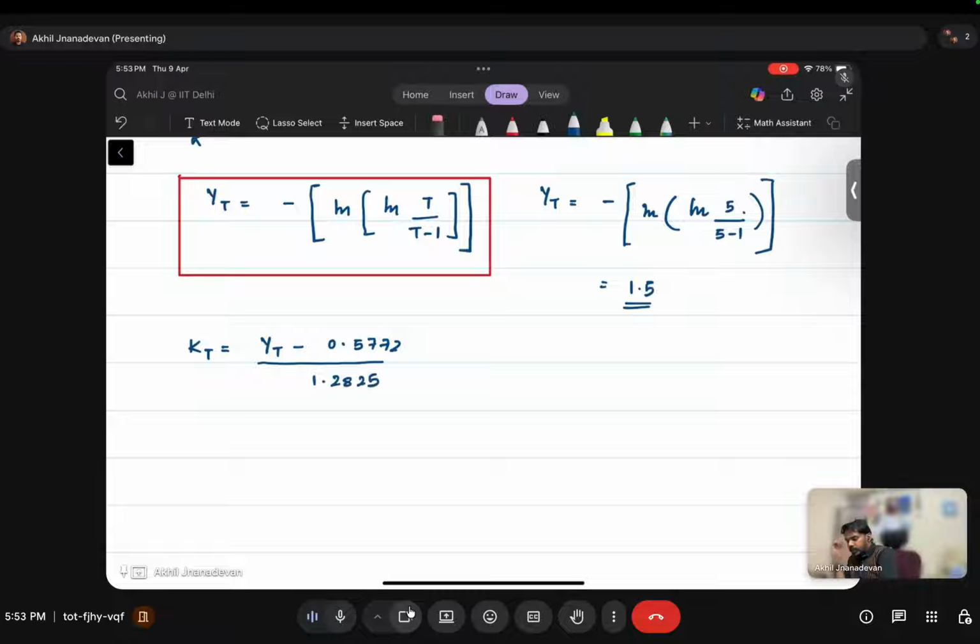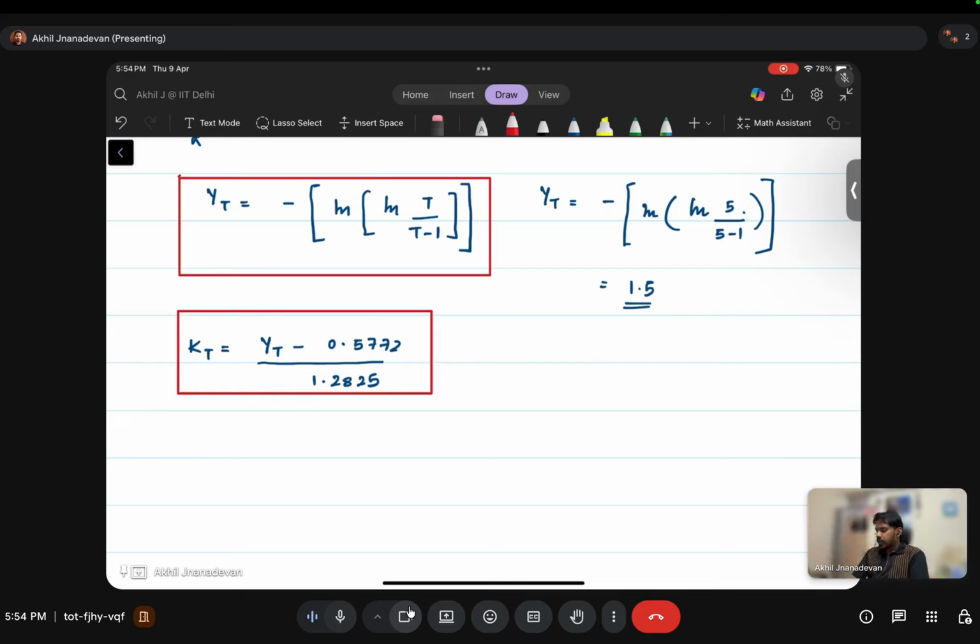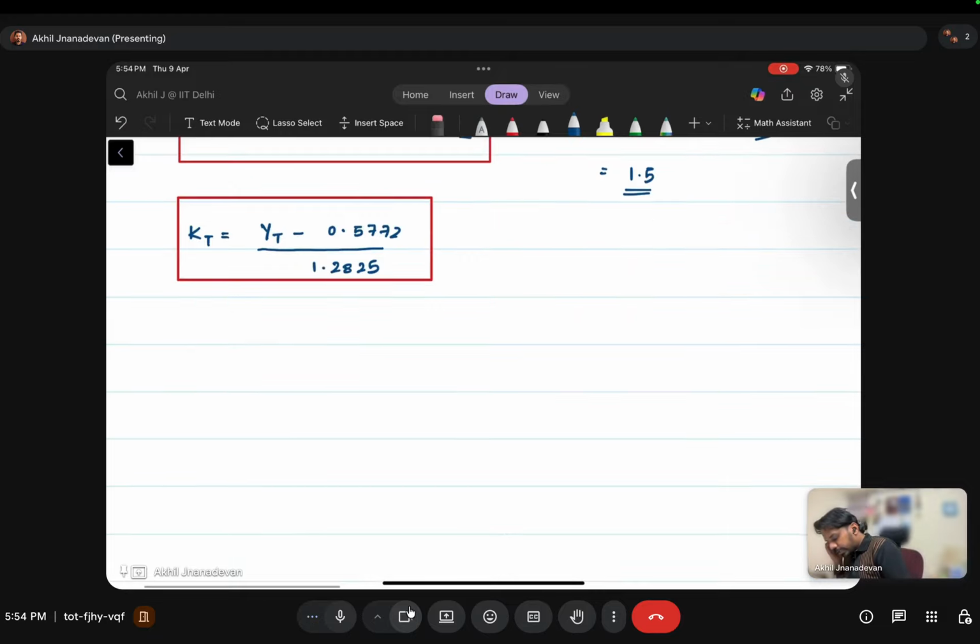So the reduced variate we can get for each return period with this relation, and once we get the reduced variate, we get the frequency factor KT using this expression for a Gumbel distribution. We already know YT is 1.5, so we substitute to get the frequency factor KT. If you substitute it, it comes around 0.72. Okay.